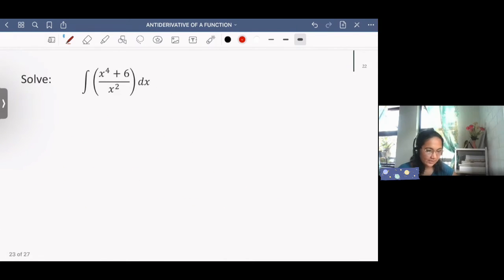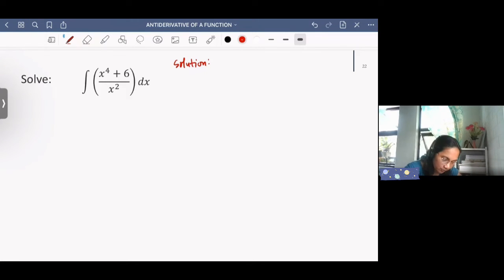Now, for our next example, we have the integral of the quantity x raised to 4 plus 6 divided by x squared dx. So for our solution, we have these rational functions, but since we don't have yet a particular formula for these type of functions, what we're going to do is to manipulate this given integral.